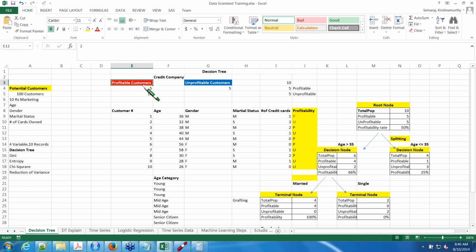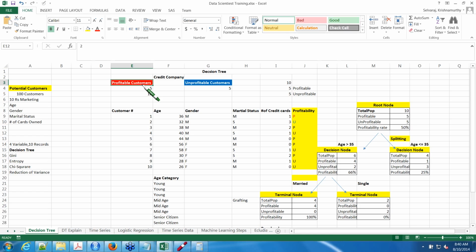So there are 2 types of customers which we have seen. Unprofitable customers are not adding any value to the bank, but the profitable customers are adding more value to the bank. Now, as a decision authority, I have a budget for marketing the credit card and getting customers to buy it.